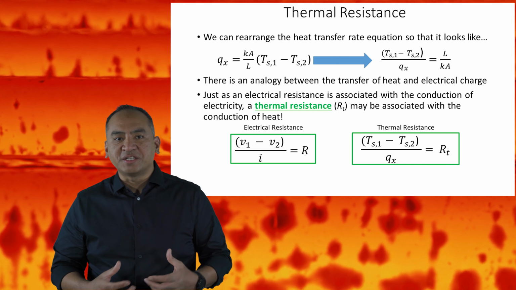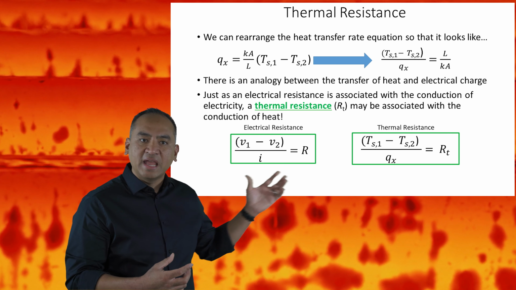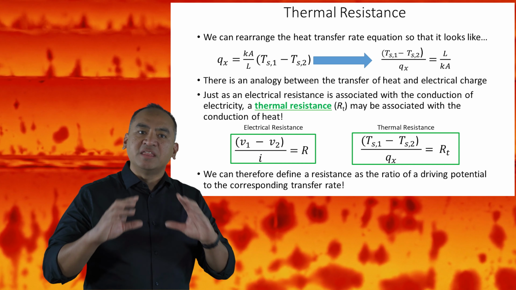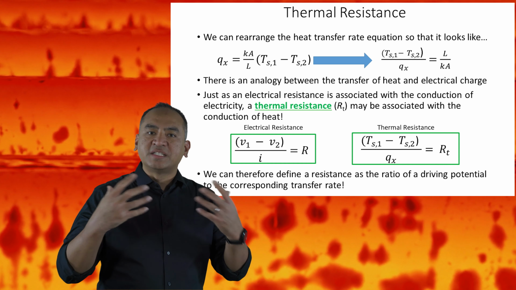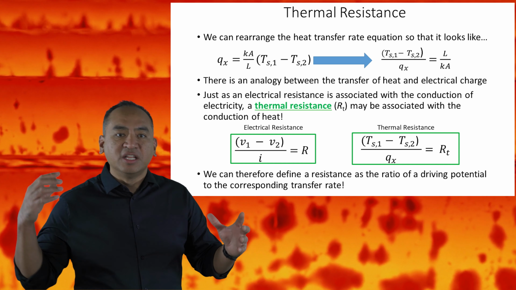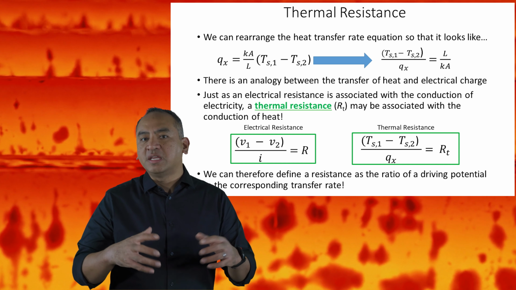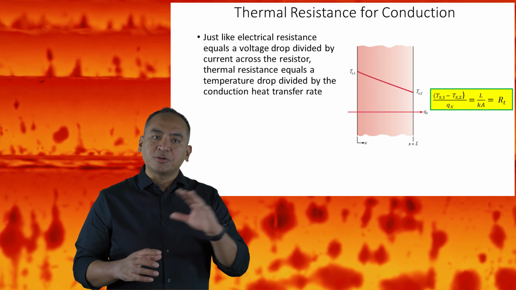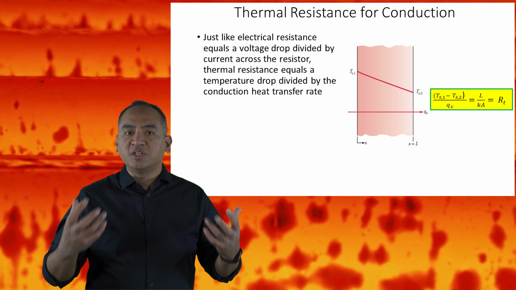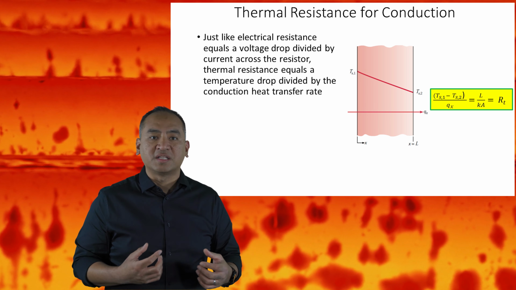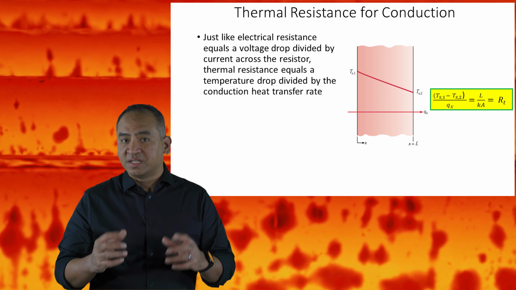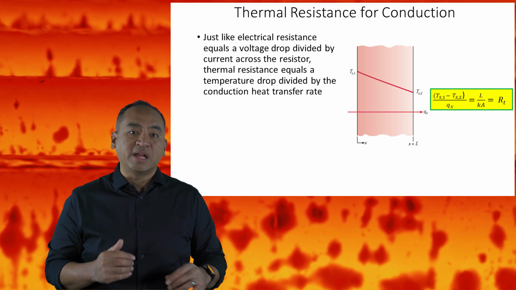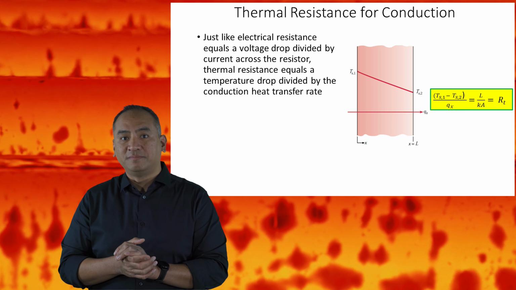Here are the equations for electrical resistance and thermal resistance shown side by side. We can therefore define a resistance as the ratio of a driving potential to the corresponding transfer rate. So again, just like electrical resistance equals a voltage drop divided by current across the resistor, thermal resistance equals a temperature drop divided by the conduction heat transfer rate across that material.